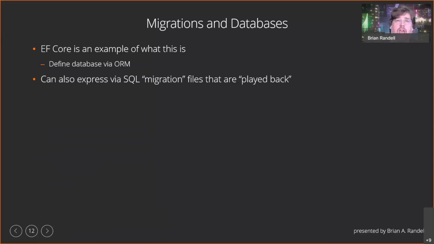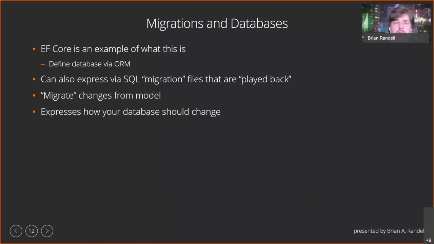And the system will say, okay, I've got 10 possible migrations. The database is at 5. So I'm going to play back migration 6, then 7, then 8, 9, 10, until I get it to the level you want. The whole point here is we're migrating changes from the model in a stepwise basis. Now, this is different from the model approach in that it expresses how your database should change, and it provides a more logical view.